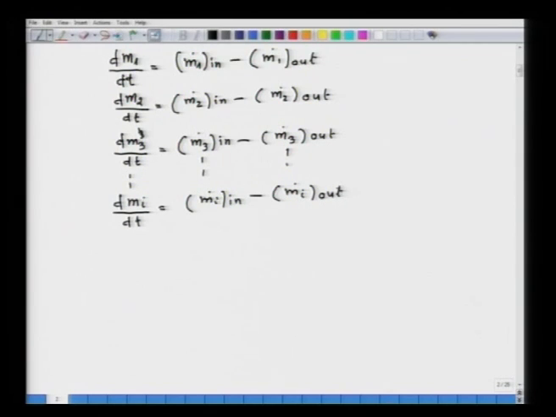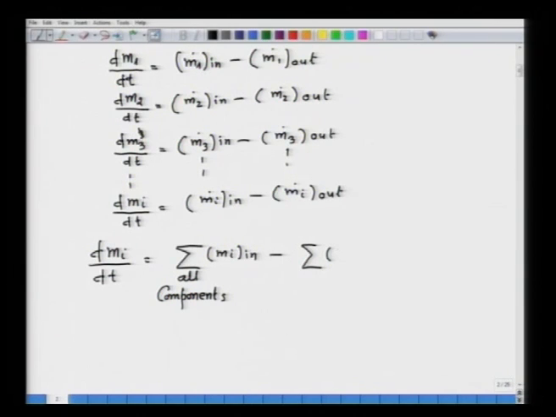Now, for a system with multiple input and output streams, the material balance equation for the ith component becomes dmi upon dt equal to sigma of mi dot in over all input streams minus sigma of mi dot out over all output streams.